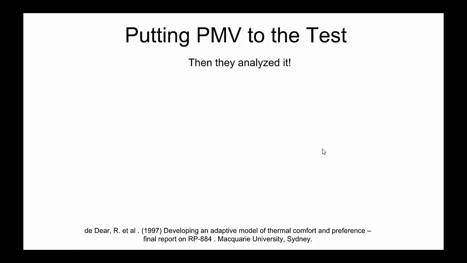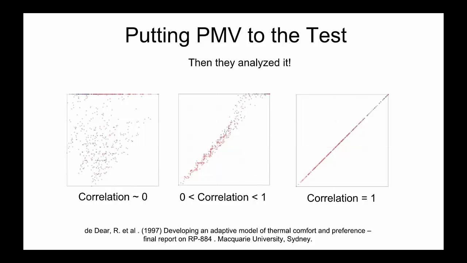And then they analyzed the data to see, are they actually getting PMV values predicted well with their data set? Many of you already probably know what correlations are, but they used statistical correlations to say how well correlated is the PMV model to what people actually say they feel, or whether they feel hot or cold in real buildings.